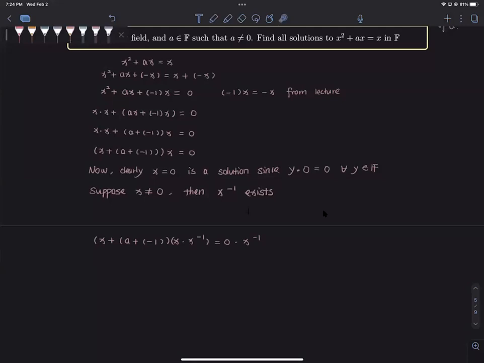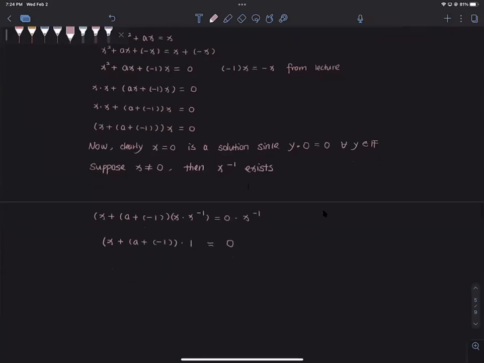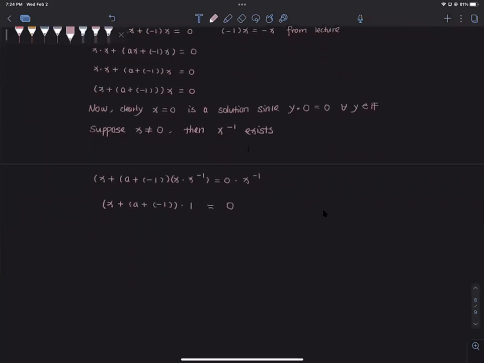Okay, and this becomes 1, this becomes 0. So that's the next step. So you have x plus (a plus -1) times 1 equals 0. And the next step you have is x plus (a plus -1) equals 0. Okay, so what's my x? Can you tell? What do I need to do next?